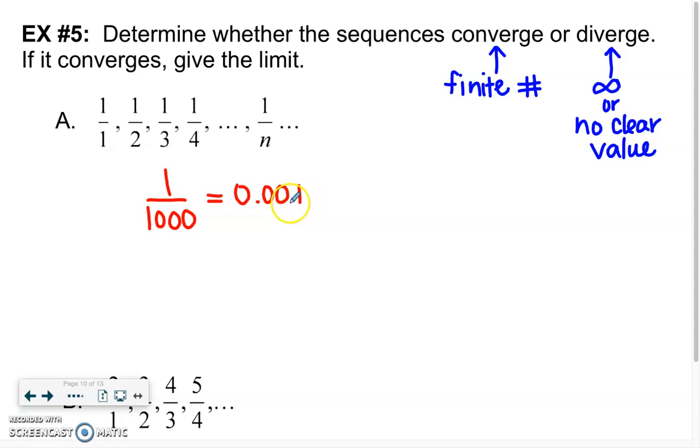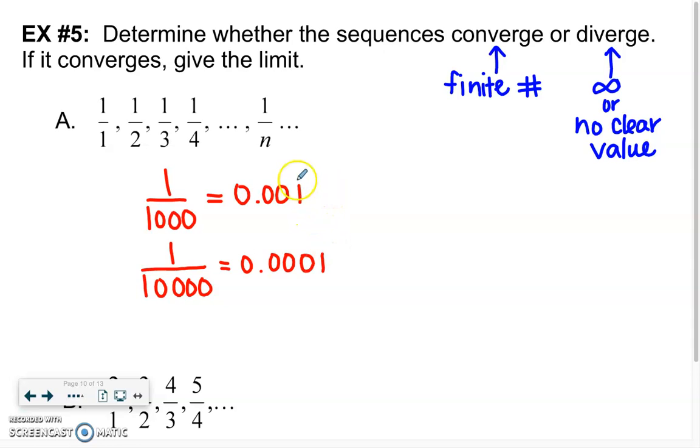1/1000th, right? Okay, and then what would happen if I continued to increase that number on the bottom? Remember, this is what the pattern would look like if you were way down the road. So let's make it 10,000. If you type that in a calculator, you would get 0.0001.